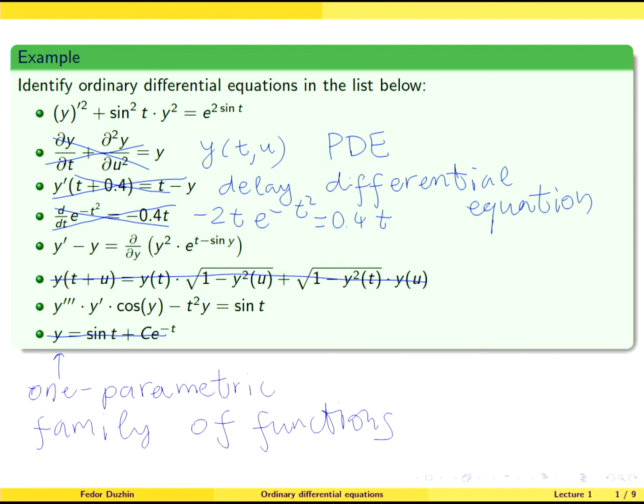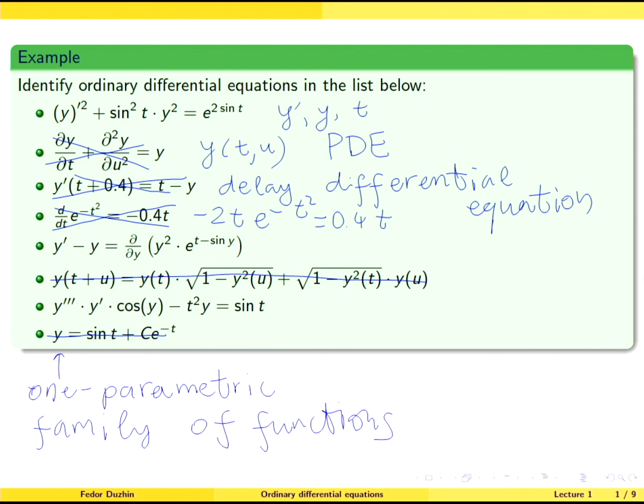Well, then if you look at the first option, this is actually an ordinary differential equation because it relates y prime, y, and t. Both y prime and y are evaluated at t, which we can see from the fact that the point at which they are evaluated is not indicated.